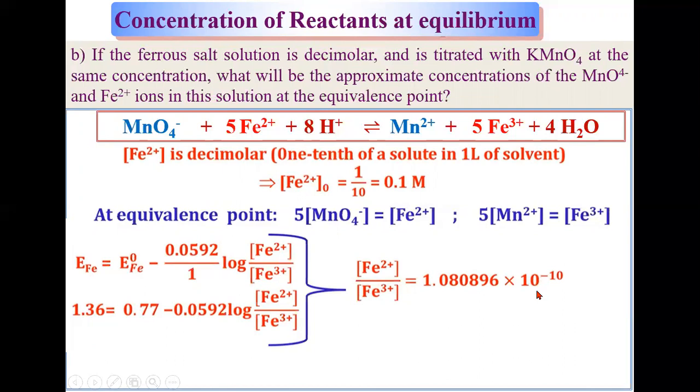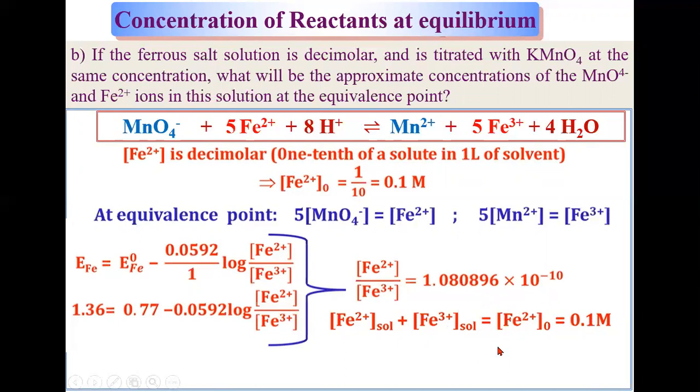We also know the total initial concentration of Fe2 plus, and if the Fe2 plus reacts, remember from the conservation of elements, whatever Fe2 plus in solution I have plus the total Fe3 plus in solution that I have formed has to equal the total concentration of Fe2 plus which I had initially, which is equal to 0.1.